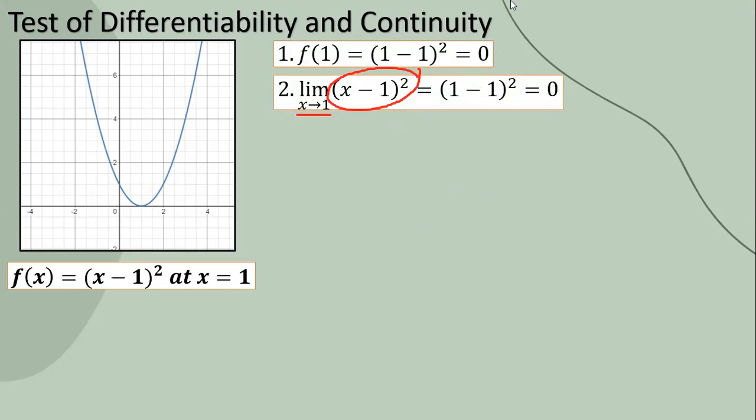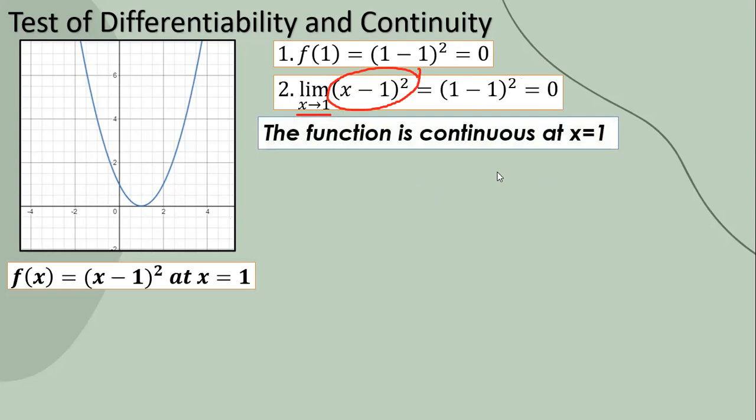Similar to the first one, we just substitute 1 into our function. So (1 minus 1) squared is also equal to 0. So the first and second tests exist, and we have seen that the first and second values are the same. So we can say that the function is continuous at x is equal to 1.